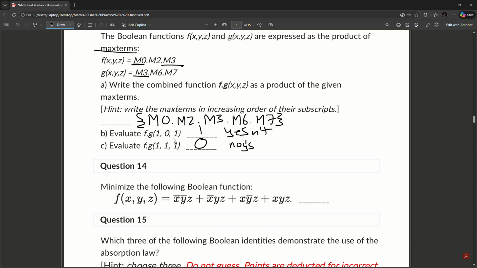So is 5 in there? Yes, it is, so the output is not that. And then is 7 in there? No, it is. It's confusing, but once again, if you practice more, you'll get it.